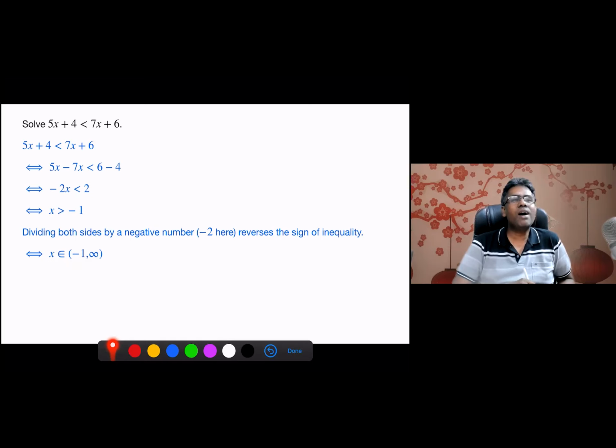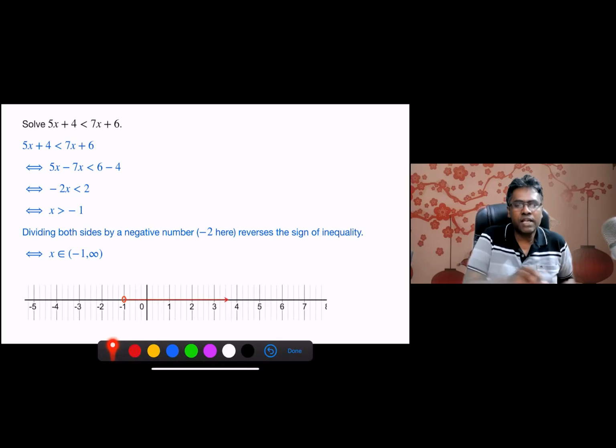Okay, so you said the correct answer, but in the solution you wrote less than 1. Your mind knows better. So you understand the sign of inequality should reverse here, dividing by a negative number. But you understood. Yes, sir.